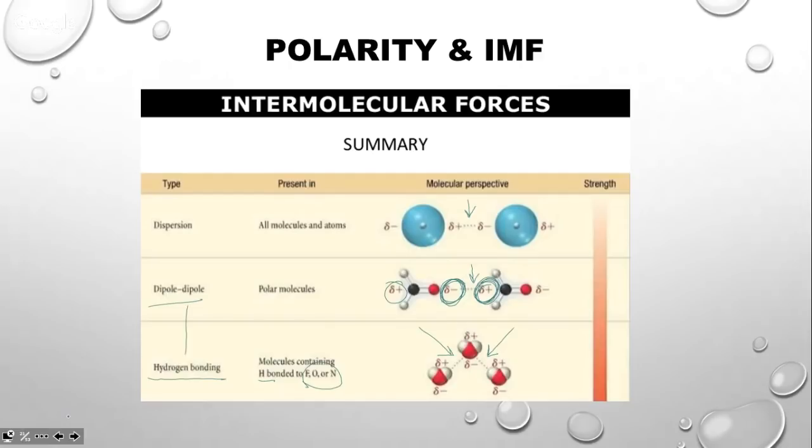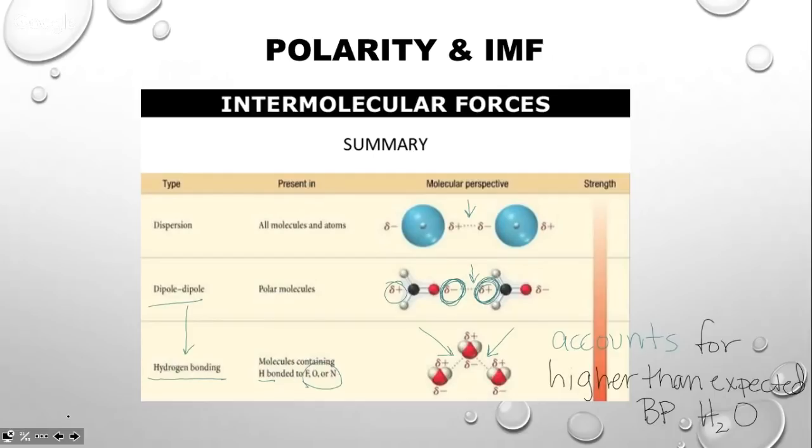So hydrogen bonding is sort of like a subset of dipole-dipole, but it's stronger than a dipole-dipole, which accounts for the higher than expected boiling point for H2O. They love to ask about that higher than expected boiling point for water, and it's because water has hydrogen bonding in addition to its dispersion forces and dipole-dipole forces.